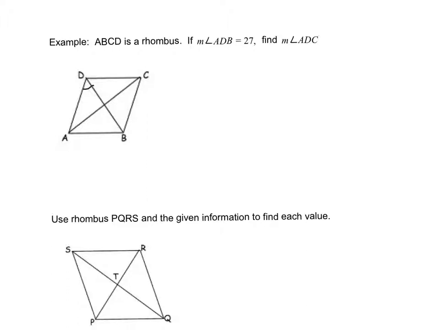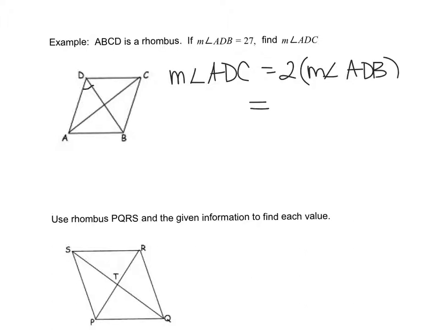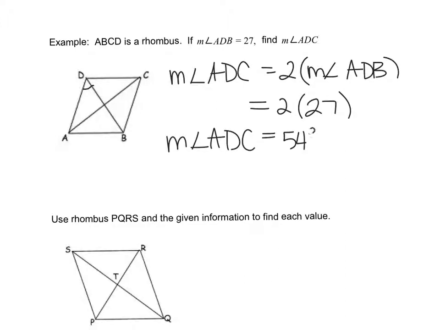It bisects angle ADC, which means the measure of angle ADC is going to equal 2 times the measure of angle ADB. So it's 2 times 27, which means the measure of angle ADC is 54 degrees.